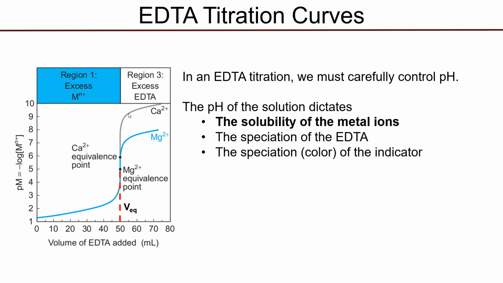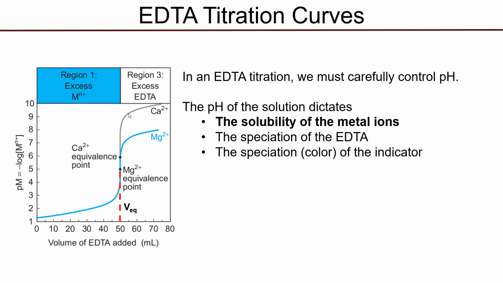So first and foremost, what do I mean by the solubility of metal ions? Well, metal ions, whether they tend to form soluble or insoluble complexes in water, when there are certain counterions there, tend to be more soluble at acidic pHs than they do at basic pHs. The reason for that is at more basic pHs, when you have relatively highly charged metal ions, like 2+ and 3+ cations, they can react with water and hydroxide to form insoluble metal hydroxides and metal oxides at high pHs.